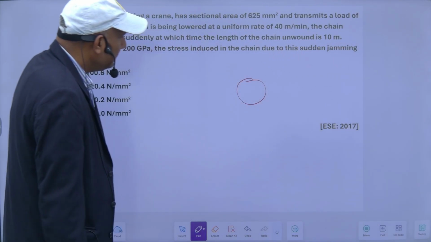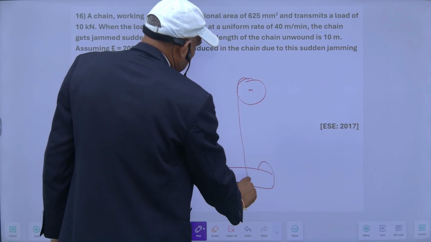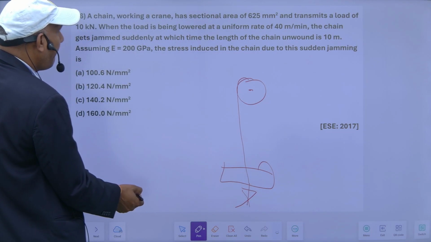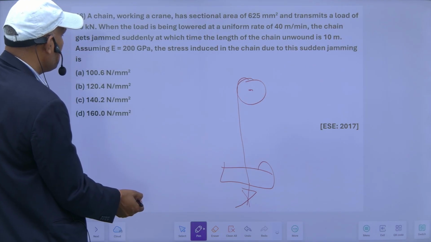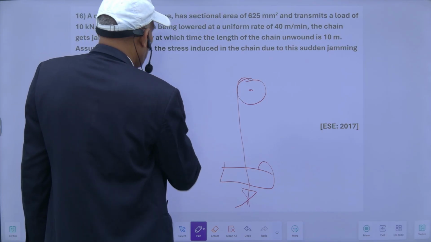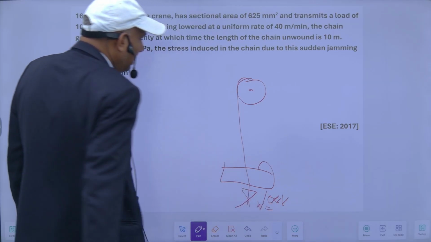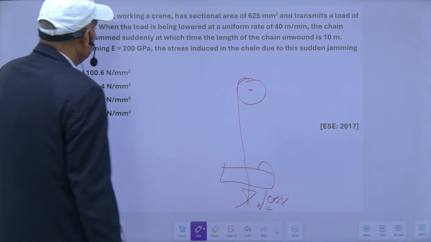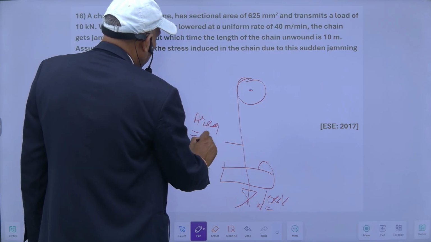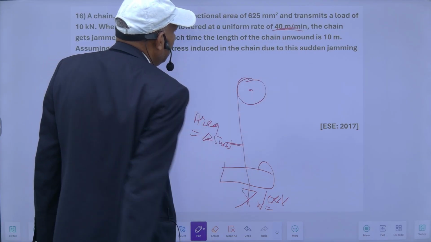So in this case, this weight W is 10 kilonewton, the area is 625 mm square, and the uniform rate is 40 meter per minute.